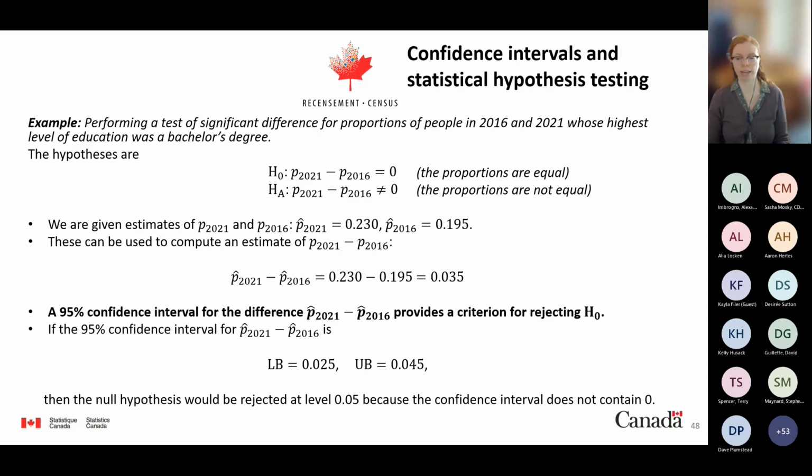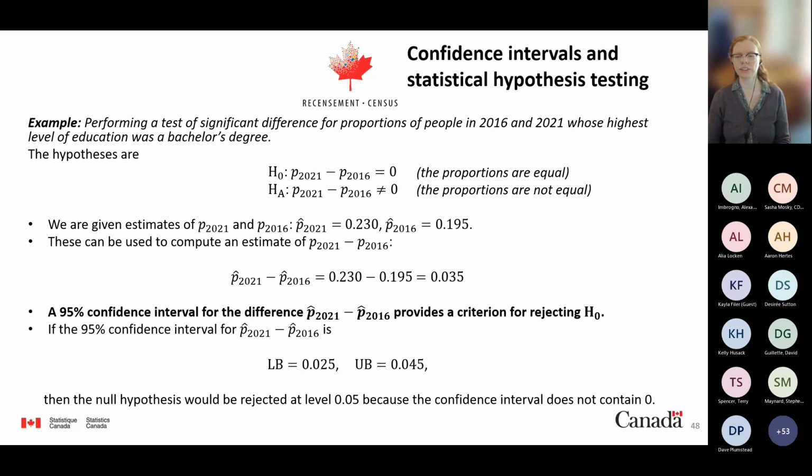And we want to perform the test at the 0.05 level. So to make this test appear in the same form as we saw in the previous slide, I've put both proportions on the left side of the equation. So we're testing the null hypothesis that P 2021 minus P 2016 equals 0 against the alternative hypothesis that P 2021 minus P 2016 is not equal to 0.